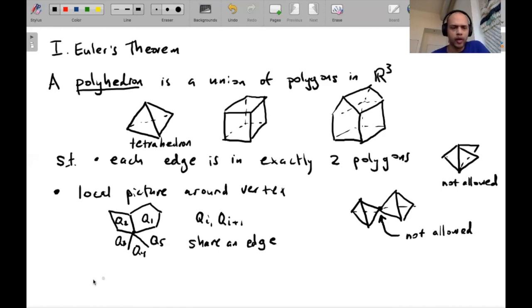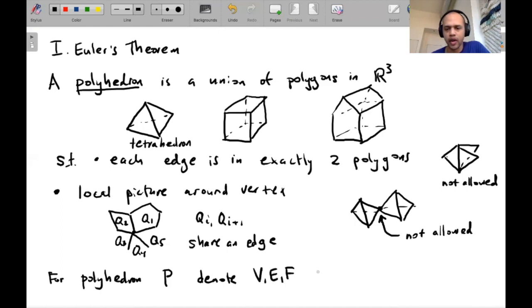Right, so part of the basic data of a polyhedron is the number of vertices, edges, and faces. So for a polyhedron P, we'll denote V, E, and F, the number of vertices, edges, and faces.